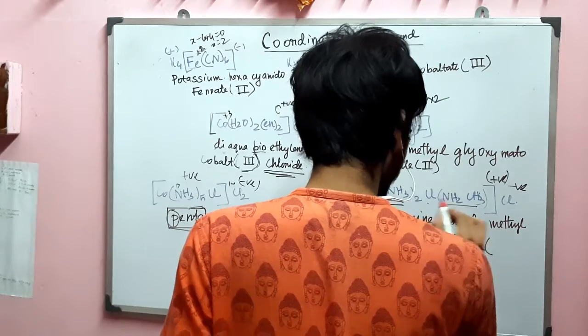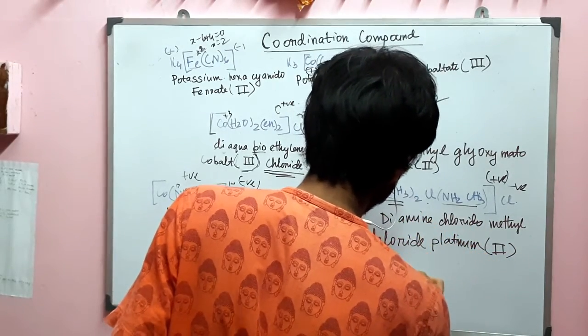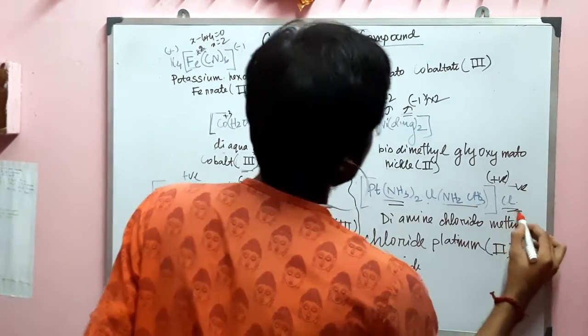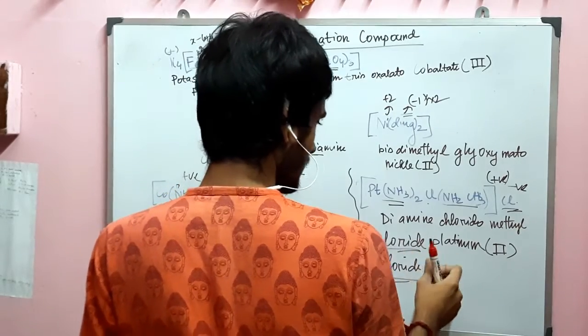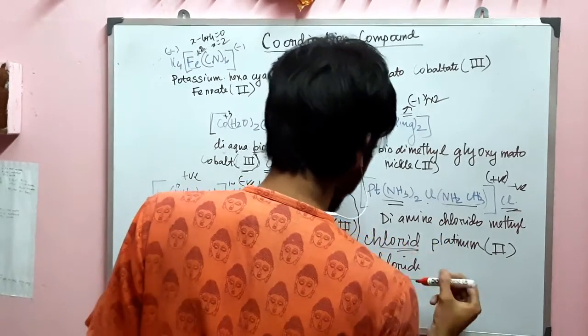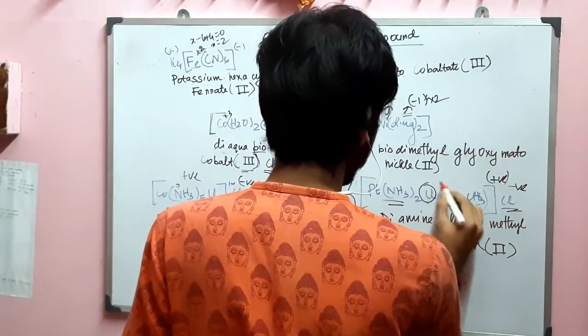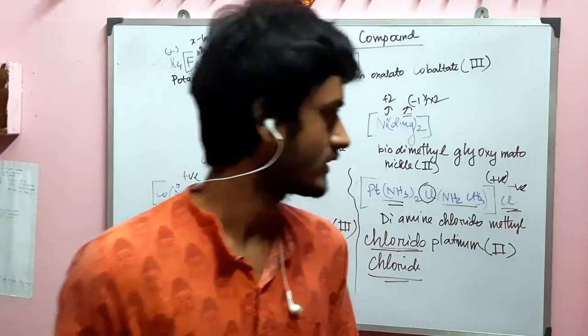What is the oxidation state? Platinum(II) chloride. This chloride is for the outer sphere anion. And this one is not chloride, this is chlorido. This chlorido is the ligand. We will be continuing examples in the next lecture. Thank you.